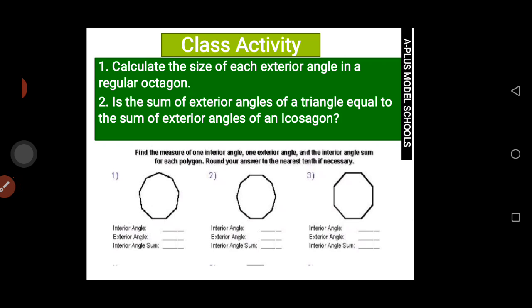You have 3 shapes and you have a space in front of each. If you cannot draw the shape, just write your answer in front: the interior angle, the exterior angle for number 1, and the sum of the interior angles. So use that as your question 3. You can use it as 3 Roman figure 1, 3 Roman figure 2, and 3 Roman figure 3.